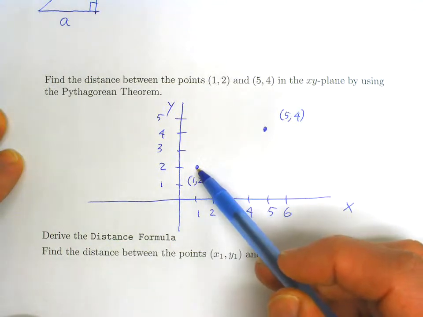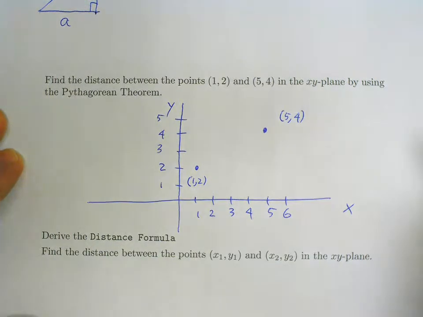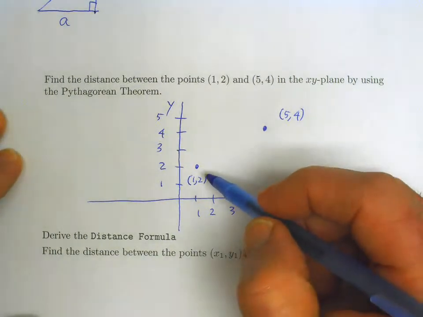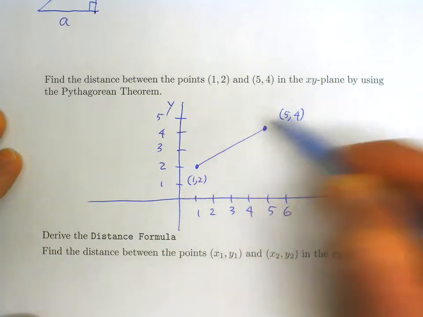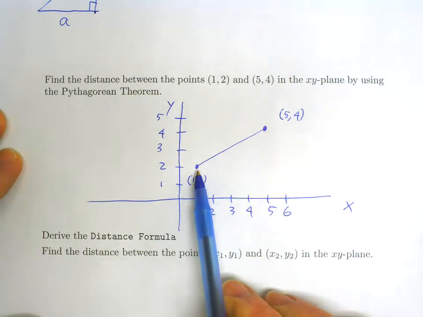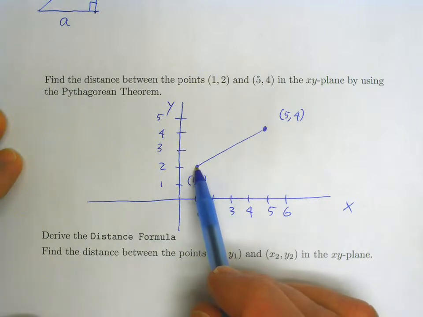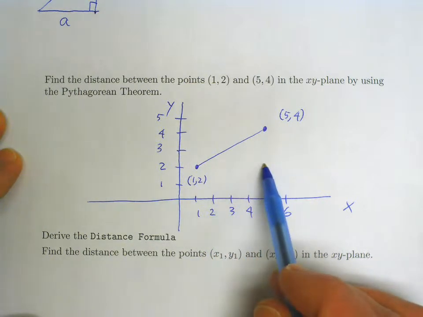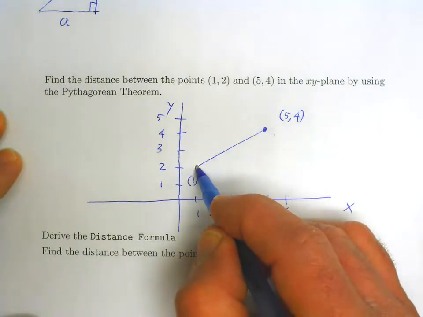We want to find the distance between those 2 points. So we can construct a right triangle. First, we'll connect the 2 points with a straight line segment. And then we'll construct a right triangle by connecting a horizontal line segment and a vertical line segment that are extended from those points.